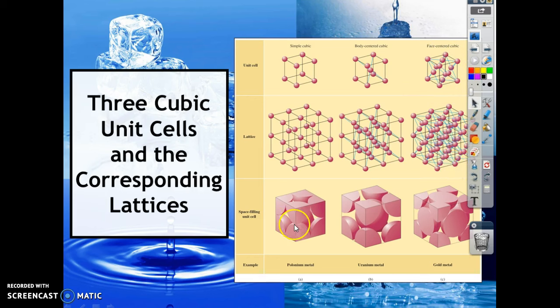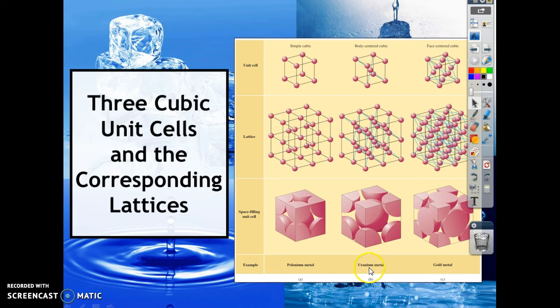Now our 3 examples here are polonium. And if you really kind of look at this guy, you can see that there's a couple of them stacked up from the edges. So we actually have 1, 2, 3, 4, 5, 6, 7, 8 that are like a quarter of an entire atom. But on this one, there's a big atom in the middle, and then we have 8 on the outside that are quarter atoms.